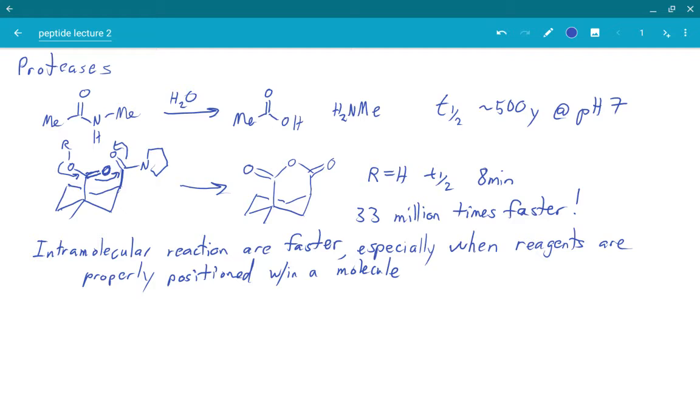And enzymes really take advantage of this concept.